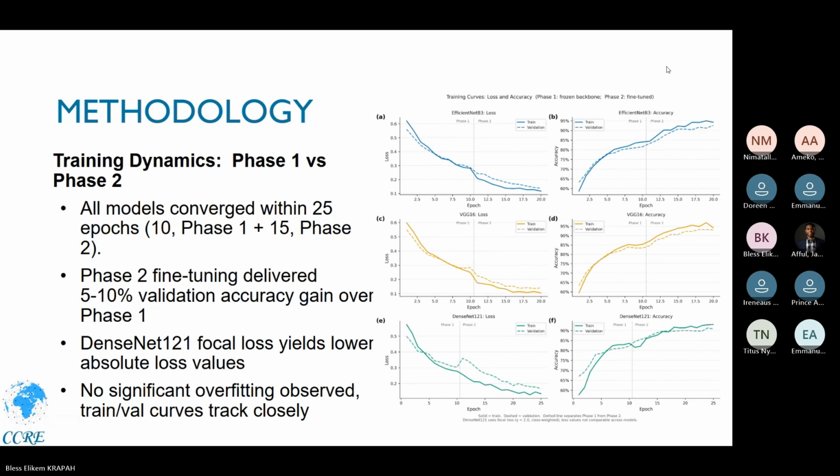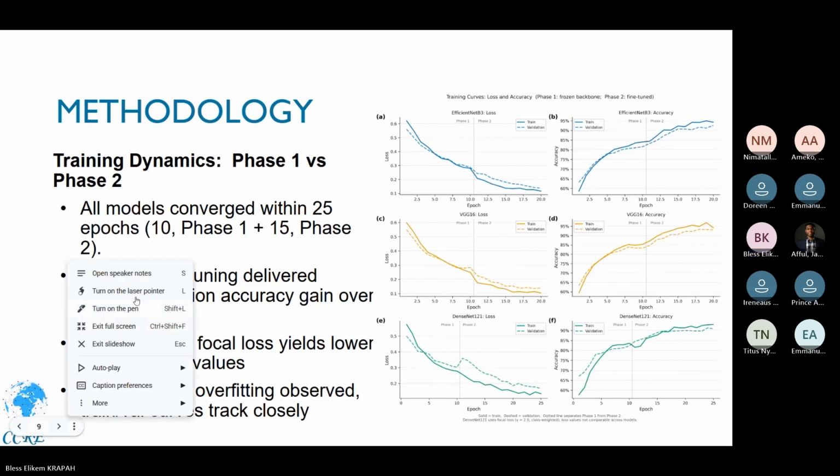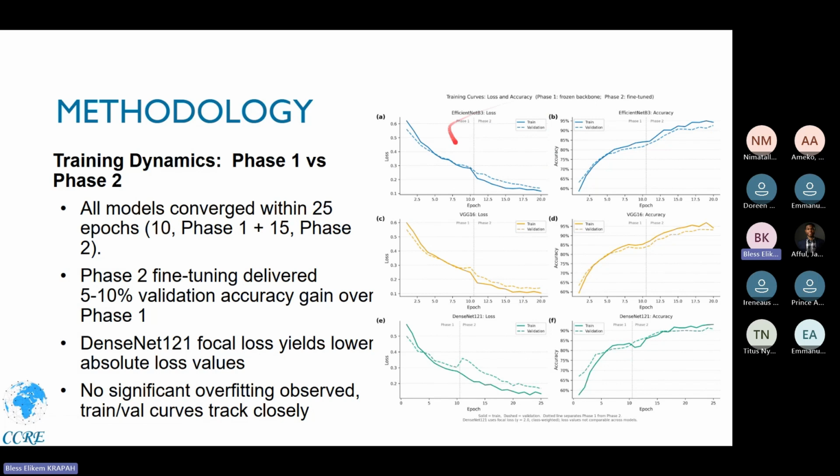So this is the graph showing the training phase. As you can see here, we have each model: EfficientNet B3, VGG16, and DenseNet 121. We have the training and validation loss, and then the accuracy on the right side.